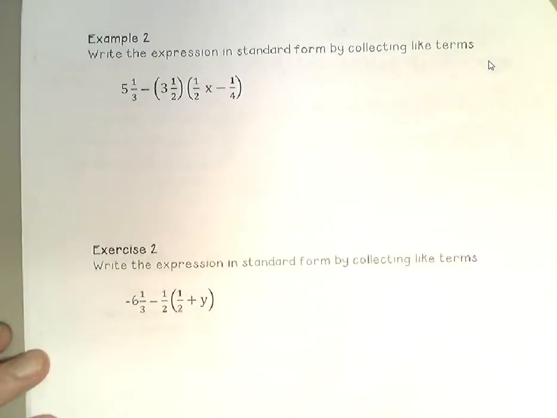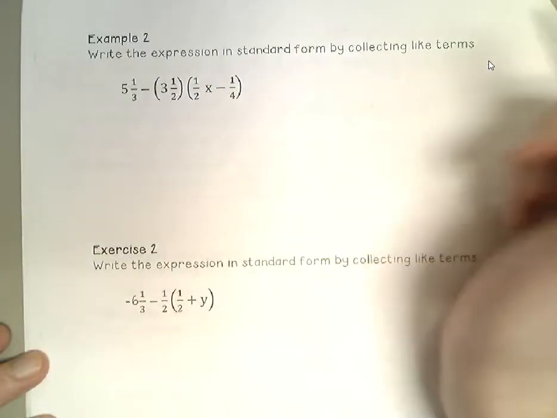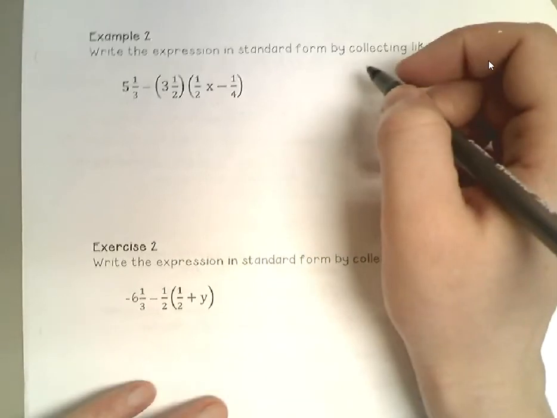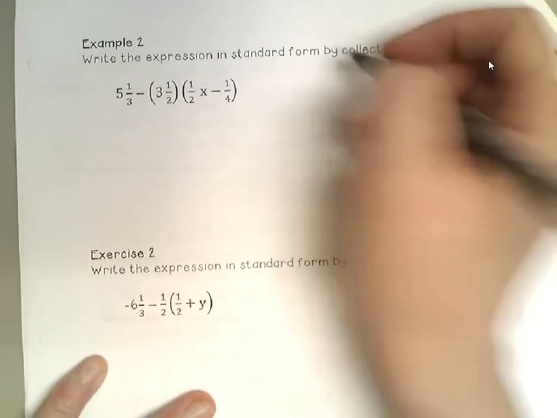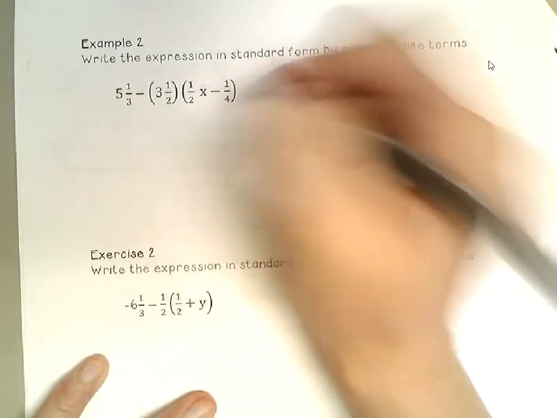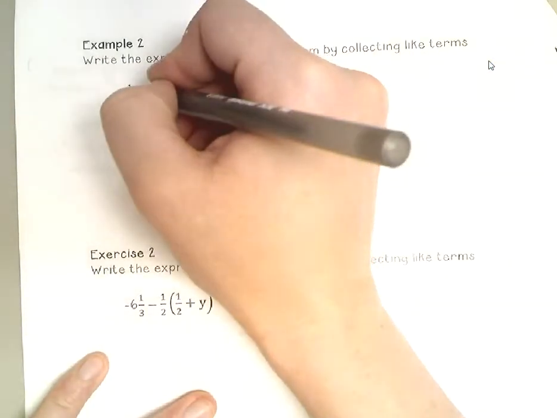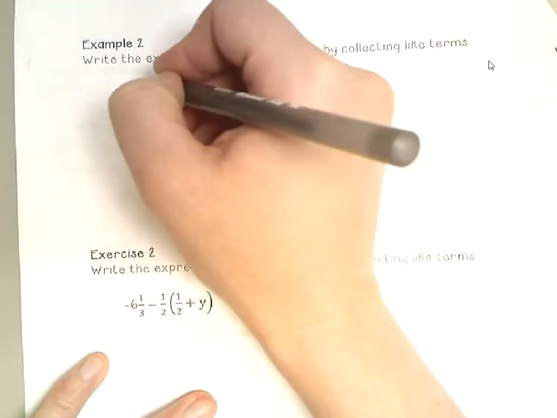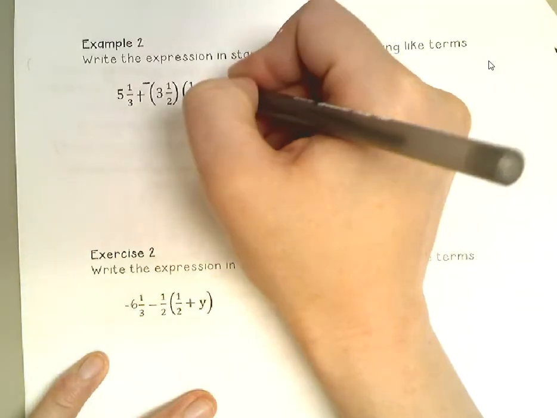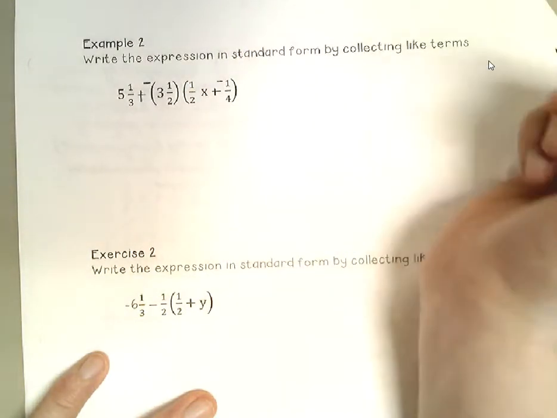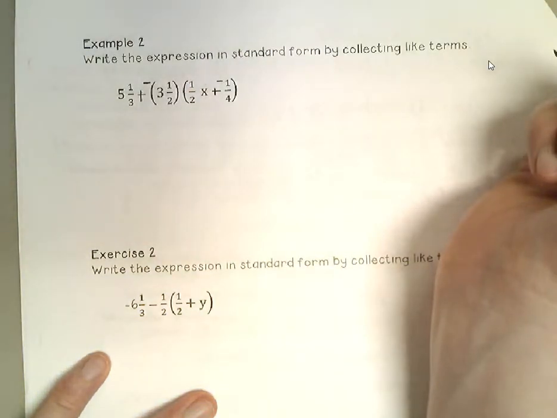Okay, example 2. What is different here is that we have distributive property involving fractional parts, rational numbers. So my first step would be to change all this subtraction into addition of the opposite. I do that all the time as a first step.